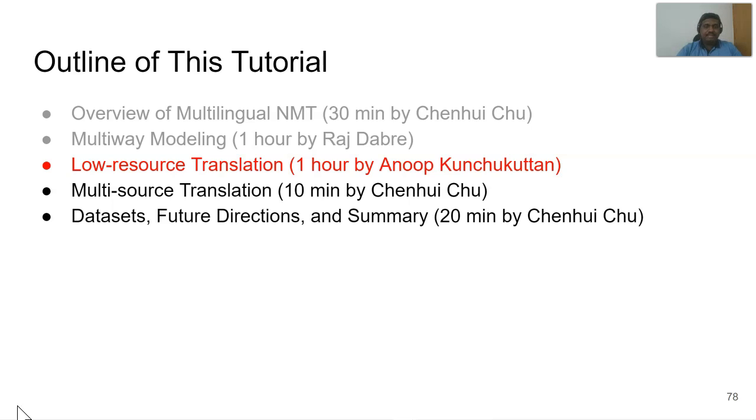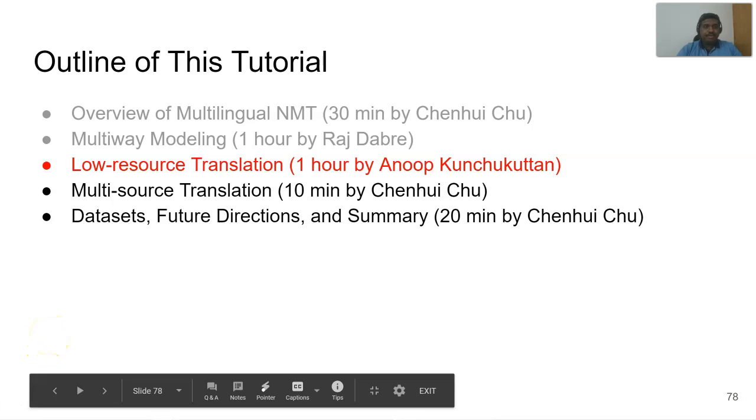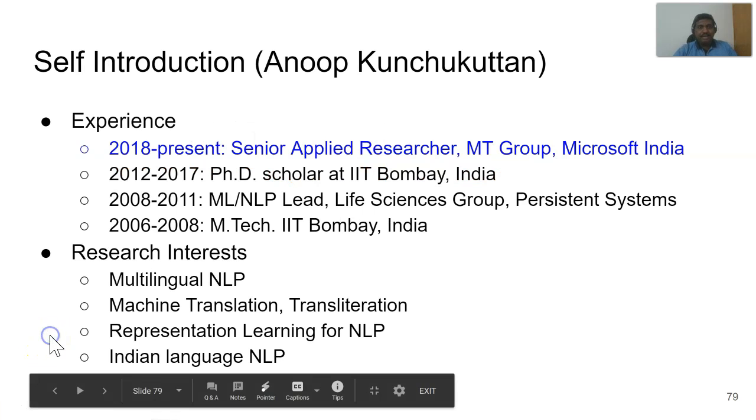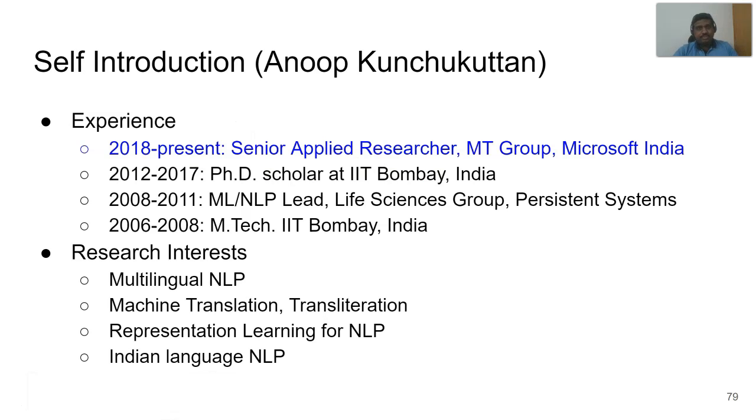Before we get started, let me just introduce myself. I am Anoop Kunchukuttan, and I work as a senior applied researcher at Microsoft India with the machine translation group. Before that, I did my master's and PhD from IIT Bombay, and have worked at Persistent Systems on machine translation and NLP related problems for life sciences domains.